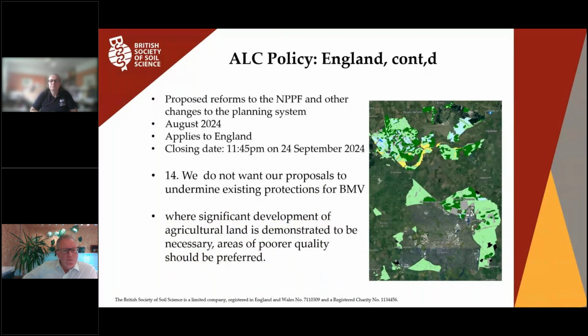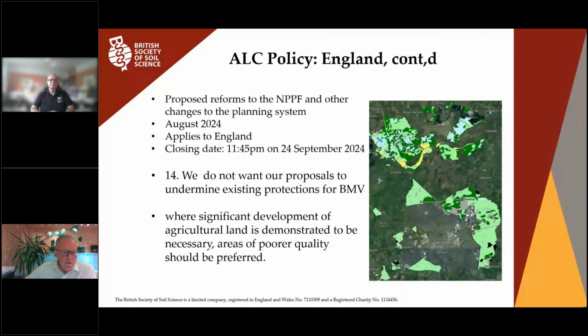So there are proposed changes by the Labour government. They came about, a consultation document was submitted this August, or August 24. Closing date is the 24th of September 24, if you do want to respond on that.